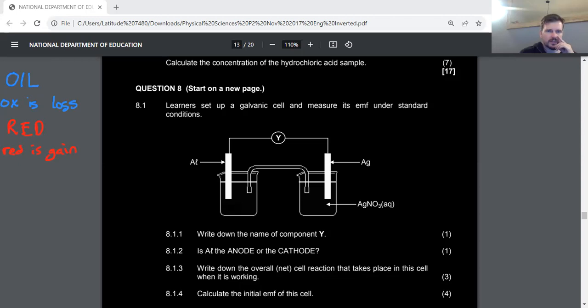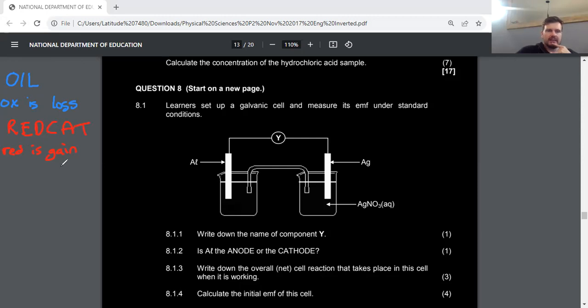Okay. So now let's just use this. The other rhyme you have to remember is red cat. What does it stand for?